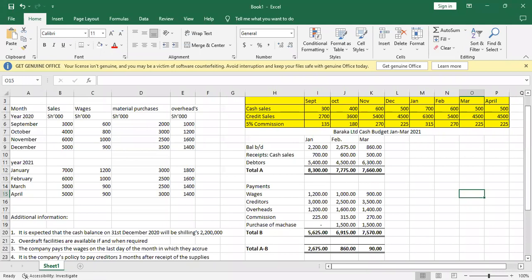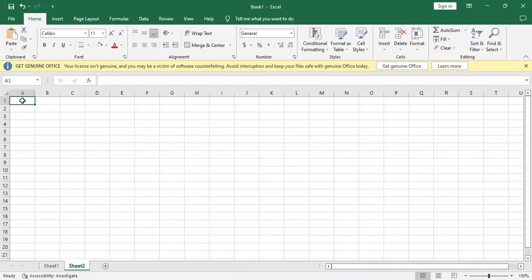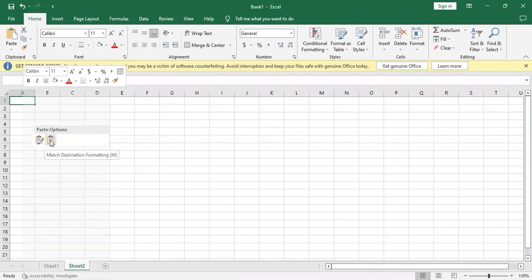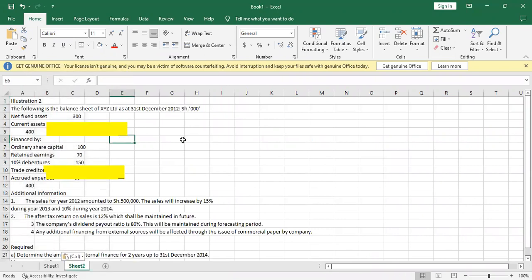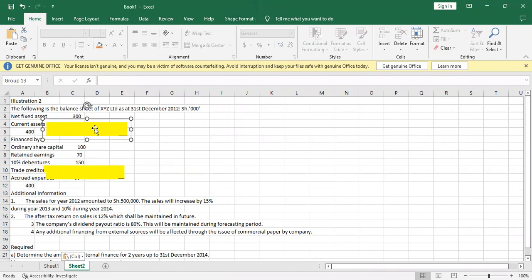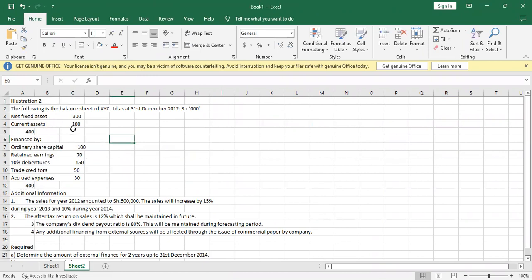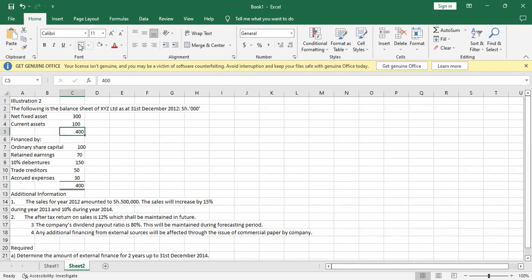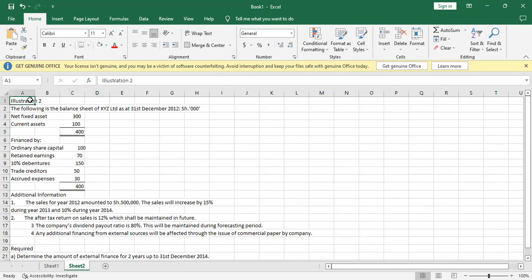Let me paste. Wonderful. Let me just take this here to align. Very well. So I have my example here, the illustration.